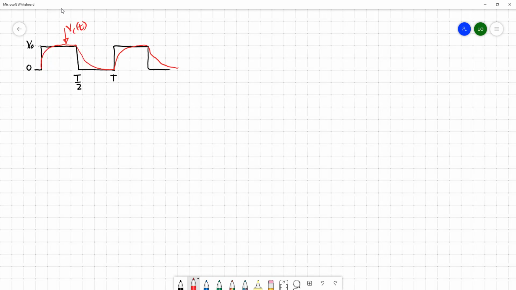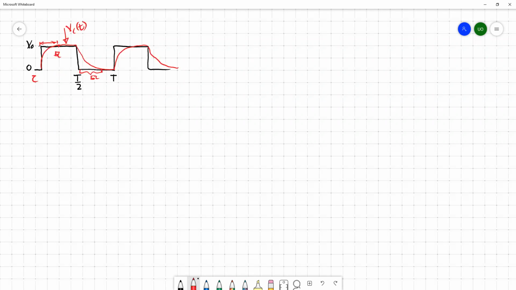Let's assume we have a time constant. Then this is 5 times tau, because this is the time which this capacitor requires to charge to maximum. If the time constant is tau, 5 tau is needed to charge it to maximum.